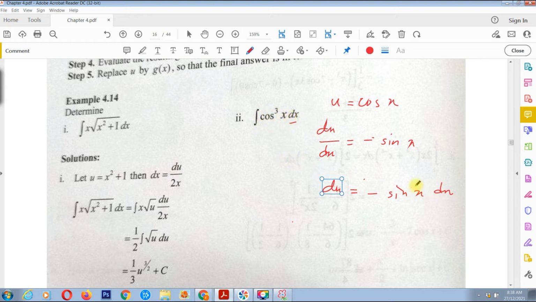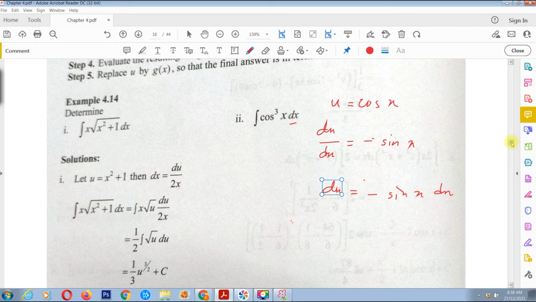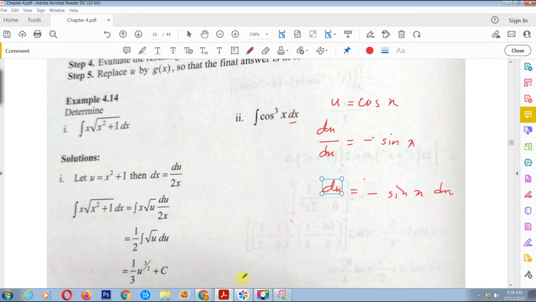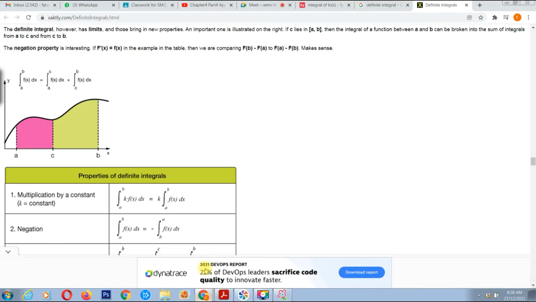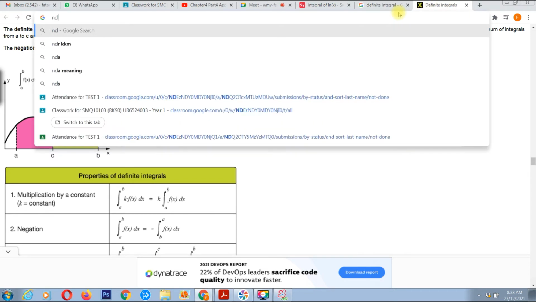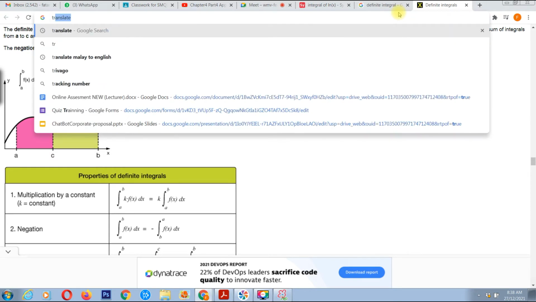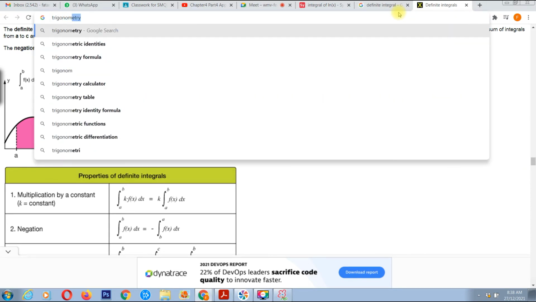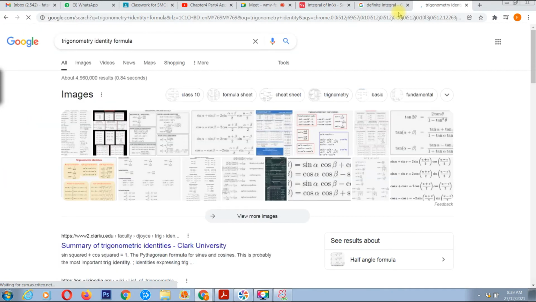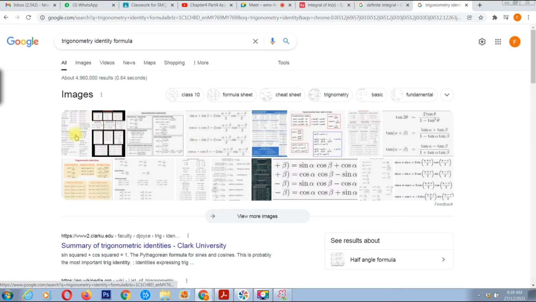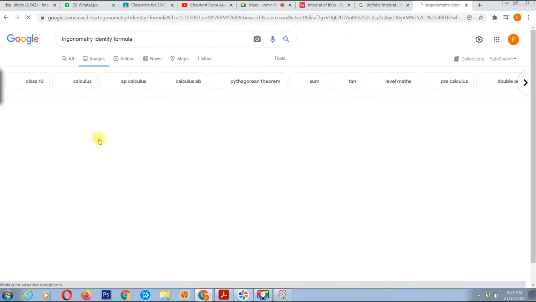So how to make this a sine x? We need to use the trigonometric identity. The keyword is trigonometric identity. It's in here.